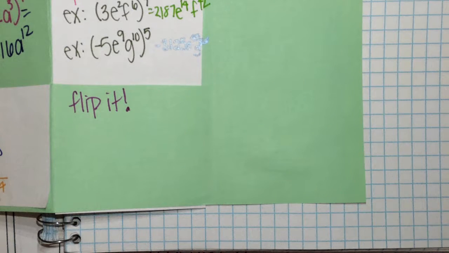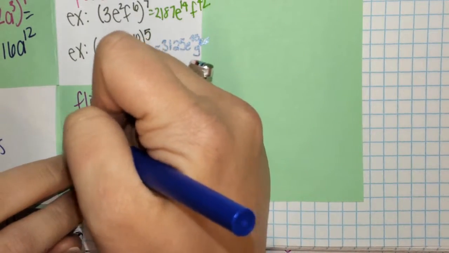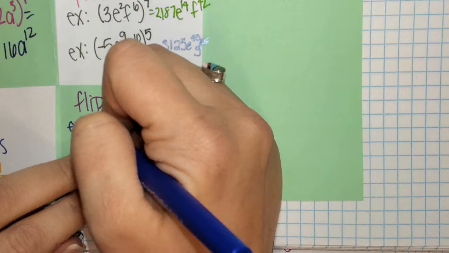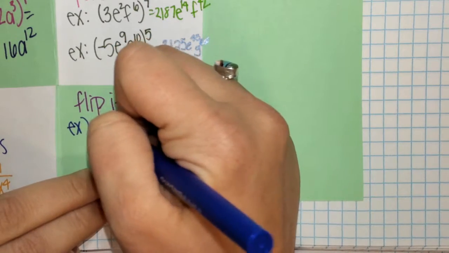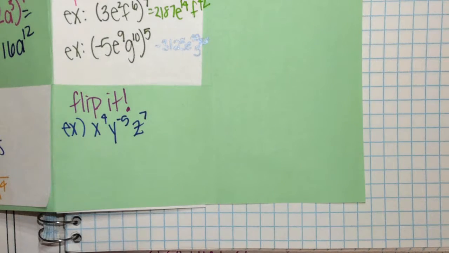So we're going to do 2 different kinds of examples. I'm going to give you one example where I just give you a bunch of variables with different exponents, and we're going to see which one we flip and which one we don't, and then we're actually going to divide and go crazy. So the first example, we have x to the 4th, y to the negative 5th, z to the 7th.